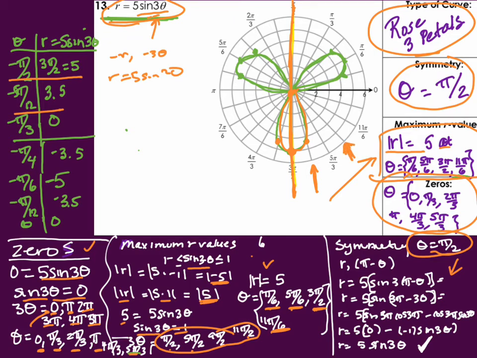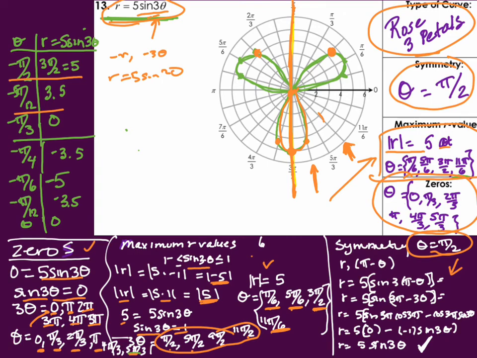Negative pi/4 gave me a negative 3.5, so I'm backing up to this point right here. Okay, so I'm going to erase the orange mark and then put the point there. Symmetry going across would make another one there. So let me put those 2 points in.